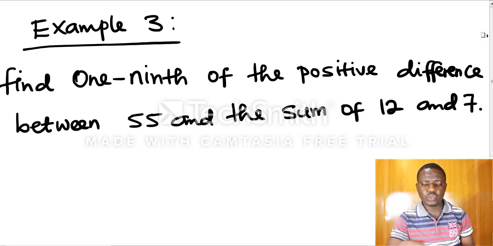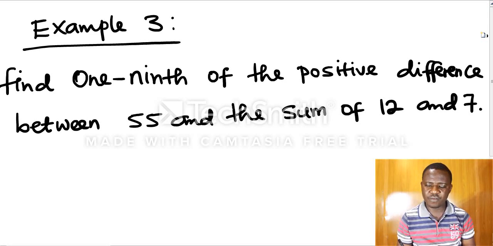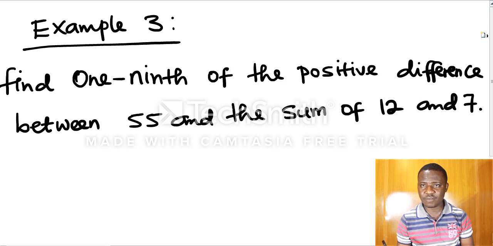Example 3 says we should find 1/9 of the positive difference between 55 and the sum of 12 and 7. The sum of 12 and 7 is less than 55, so the positive difference between both of them is going to be 55 minus the sum of 12 and 7.